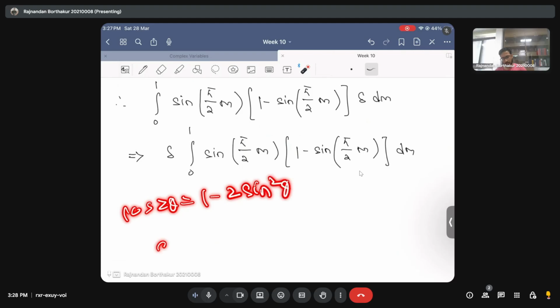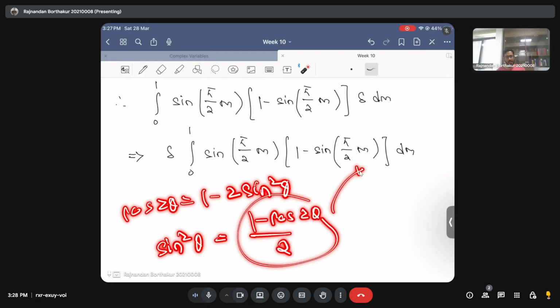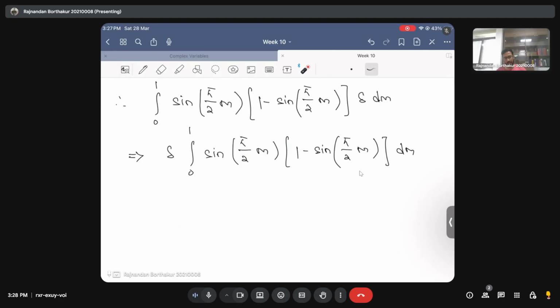So sine square theta will simply be equal to (1 minus cos 2 theta) by 2. Then you need to integrate cos 2 theta, so you'll basically get cos of pi m. That's the idea behind this integration, and I will not do it because I believe you are experts at these simple integrations.